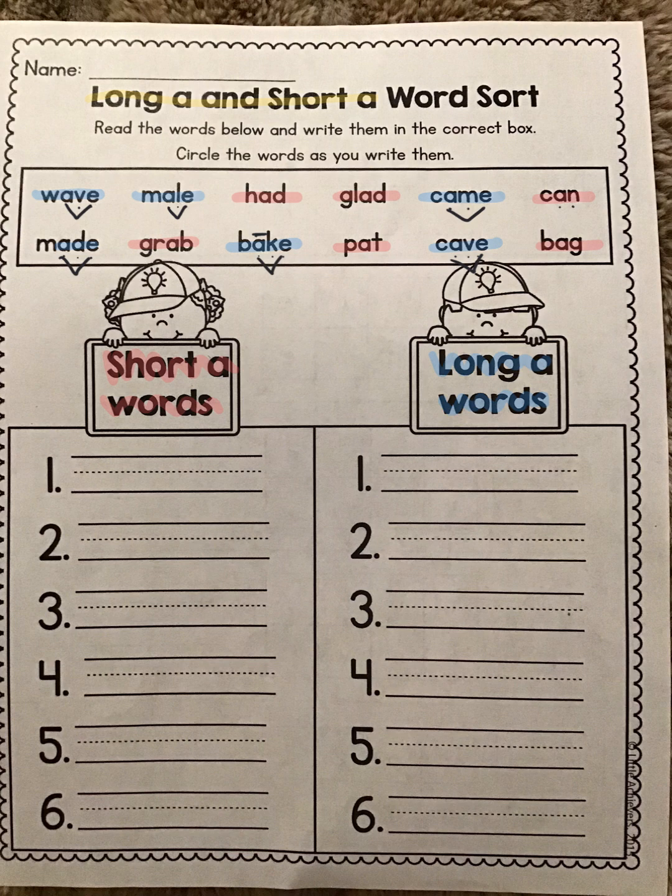All right, with our pencil, we're going to write our words into the correct column. Our first word is wave, and we colored it blue because that A is saying A, as in ape, because of that long vowel silent E. Cross it off when I'm done. Then we have male.